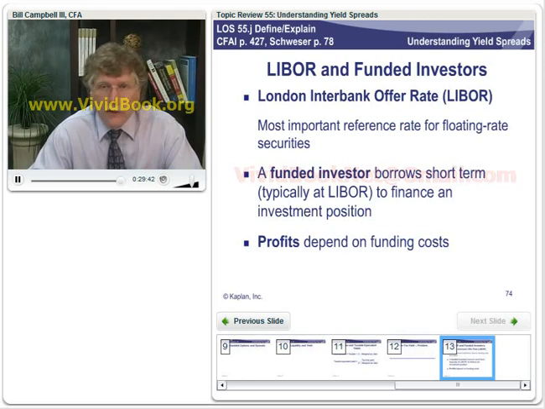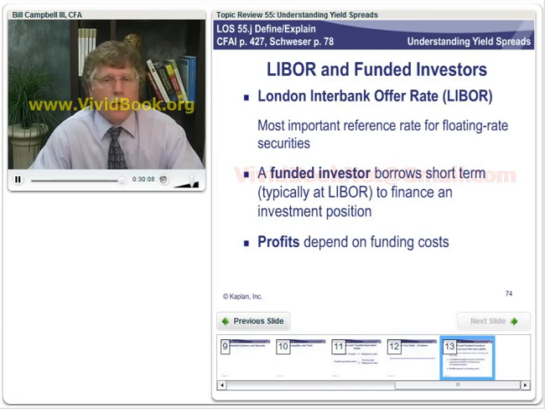One example of how you might use LIBOR is a funded investor who is going to borrow money short term and use that money to finance some sort of investment position. We were talking about this in another study session where we were considering how to compute your leveraged return.